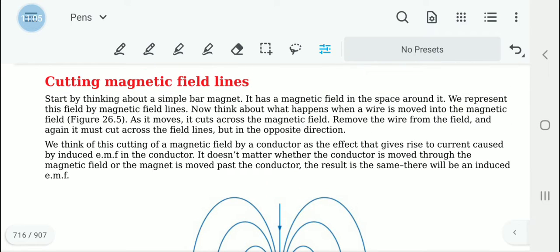Now, if we move a wire through this magnetic field, it cuts across these magnetic field lines. If we move it one way and if we move it in the opposite direction, it gives rise to a current caused by the EMF in the conductor.